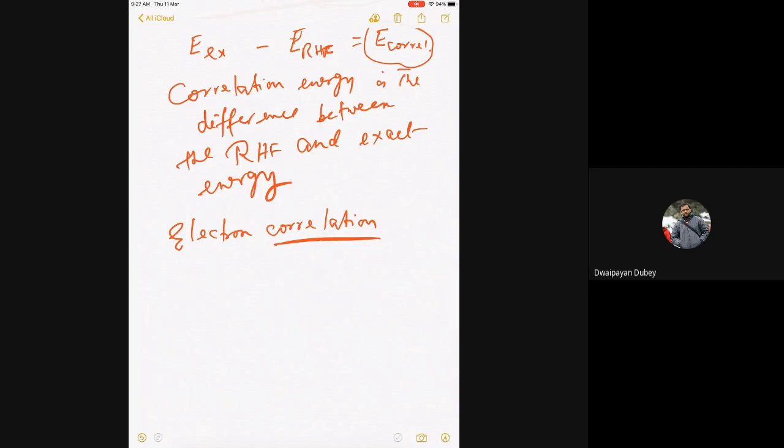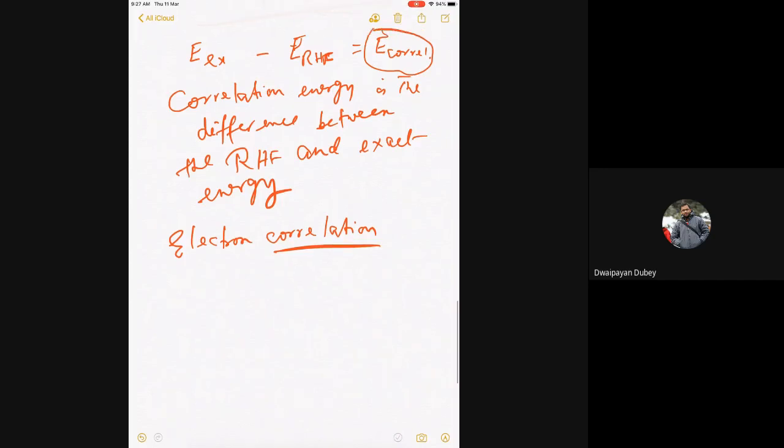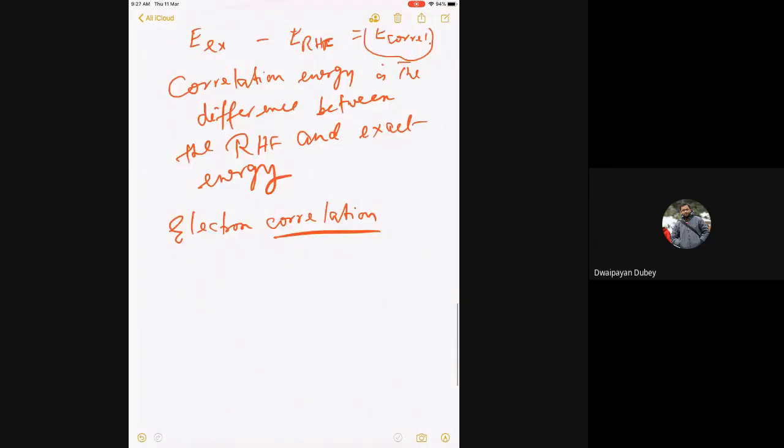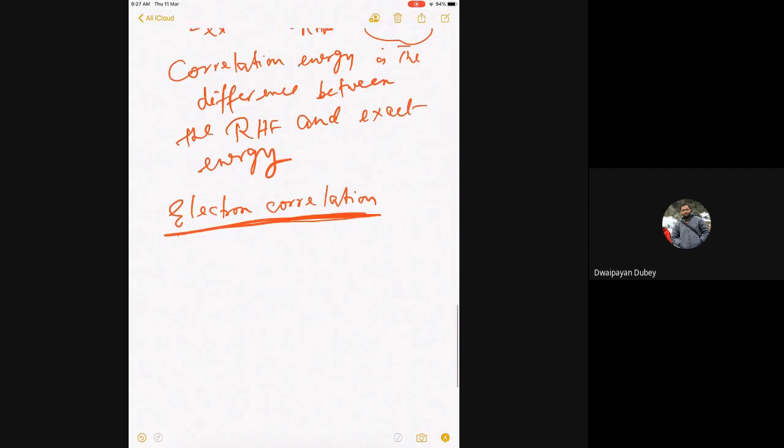So correlation is an English word. It just means the relation between the two particles was not taken care of in the Hartree-Fock properly. And that led to this 2 to 3% error. So electron correlation is going to include this 2 to 3% error and is going to make the methods more accurate. Is it clear? So the theories that we are going to describe are all electron correlation theories.